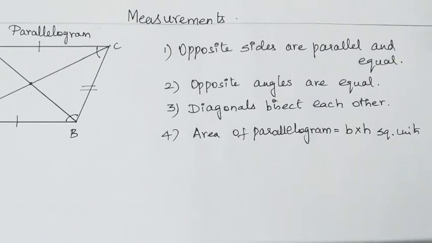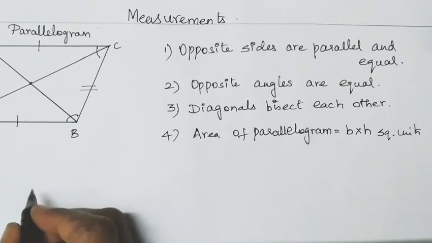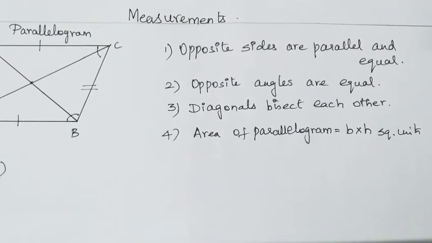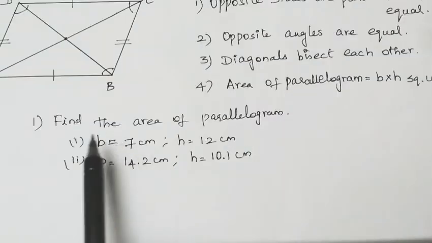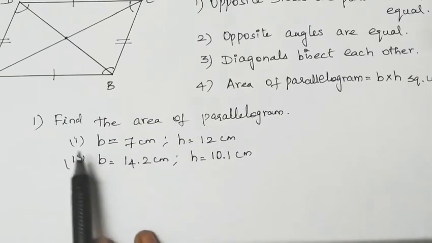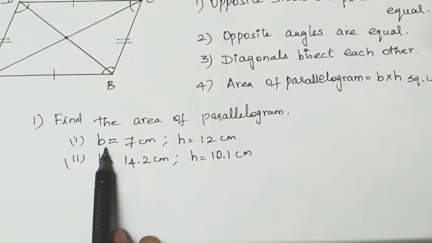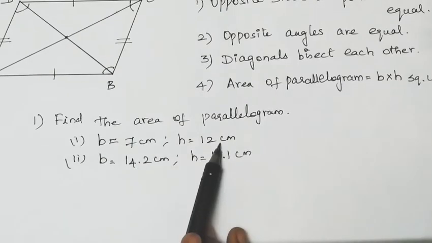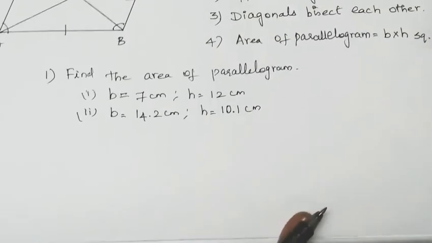Now let's see how to calculate area for parallelogram in the problems. So first sum. Find the area of parallelogram whose base, they have given two subdivisions. So first subdivision, base is 7 centimeter and height is 12 centimeter.